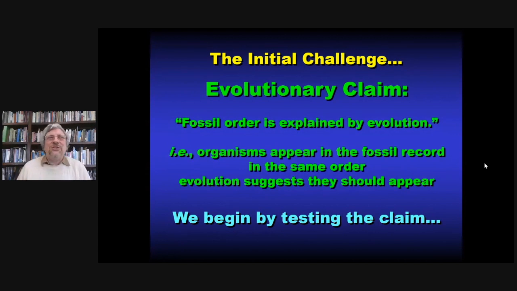This was the most difficult one to address, because it involved something that I don't think anyone has ever tried to do, which is to take all of the organisms that exist, bacteria all the way through humans, and based upon what we know about the biology of these organisms, determine what the most likely evolutionary tree looked like, and thus from that determine the order that these organisms should have appeared, without ever looking at the fossil record in the process.